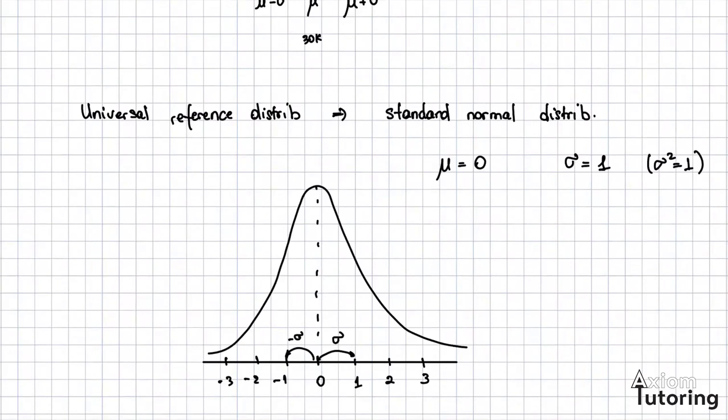Okay? Now, this is the distribution behind the Z tables, the p-values, the critical values that you use. So every normal random variable can be transformed into a standard normal variable.